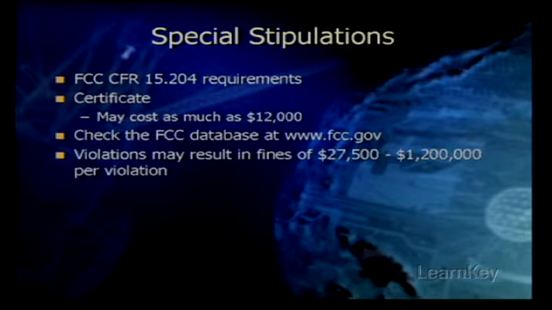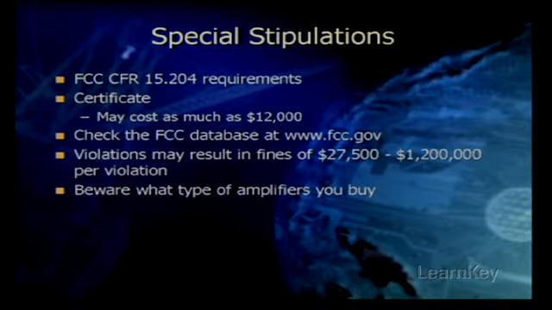Also, many manufacturers do not produce amplifiers to be used with their systems. And for this reason, there are companies that produce amplifiers but not wireless LAN hardware that obtain the FCC certification of an entire wireless system. Therefore, you may have some mixed vendor situations. So be very, very careful in what type of amplifiers that you actually buy.